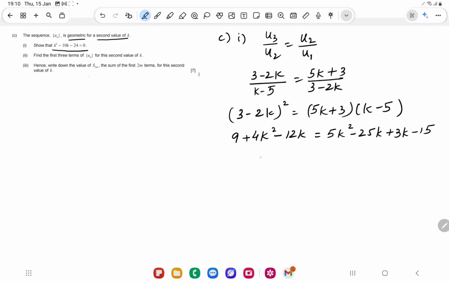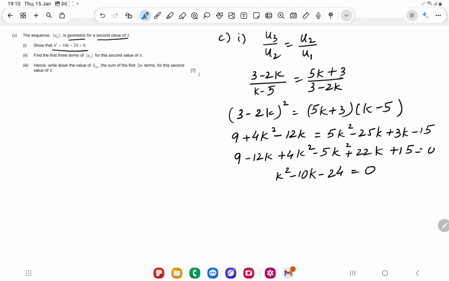Now on simplification, I can write it as 12k plus 4k square minus 5k square plus 22k plus 15 is equal to 0. And on further simplification, we will get k square minus 10k minus 24 is equal to 0. So this is what we had to show in A part.